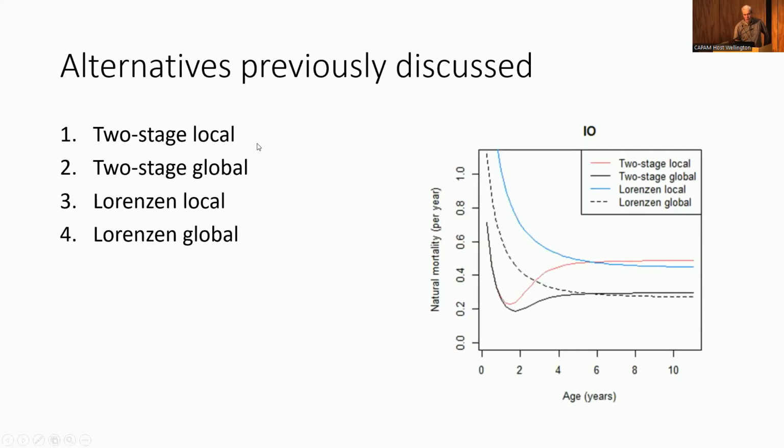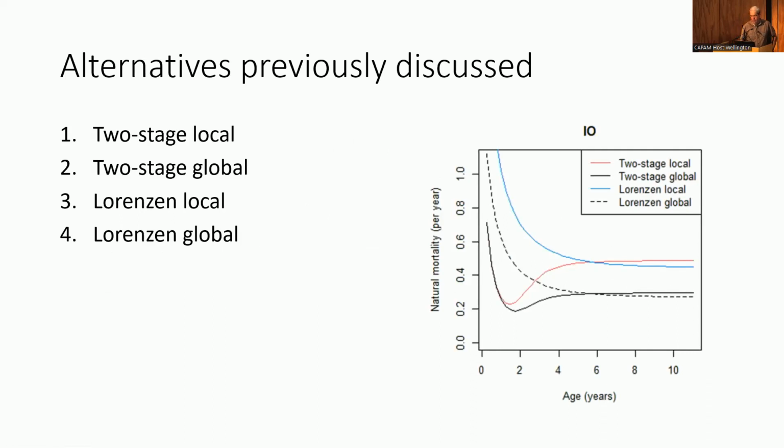So the alternatives that we previously proposed for the Indian Ocean were two different options: this declining option based on the Lorenzen-GLIM curve, and another option based on the hypothesis that there was increasing natural mortality for mature fish.